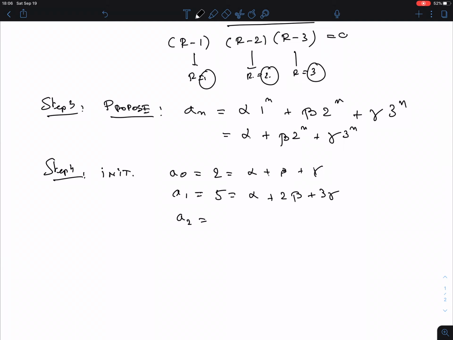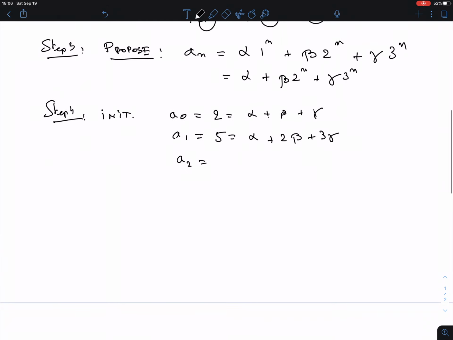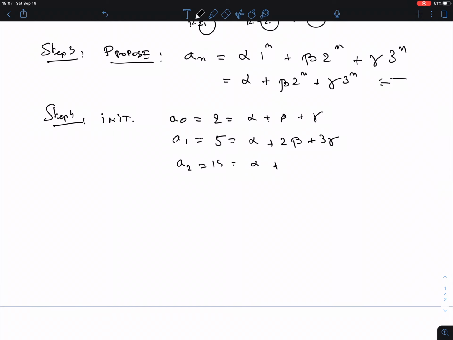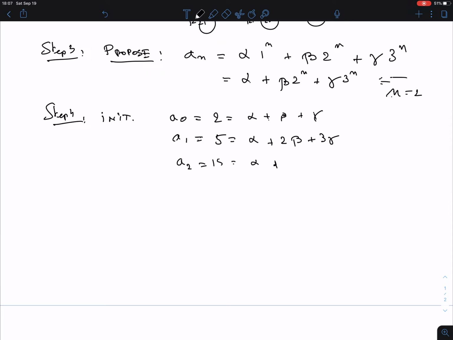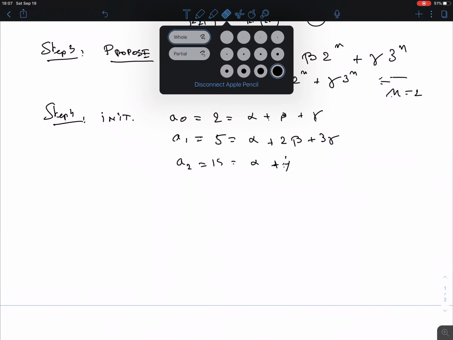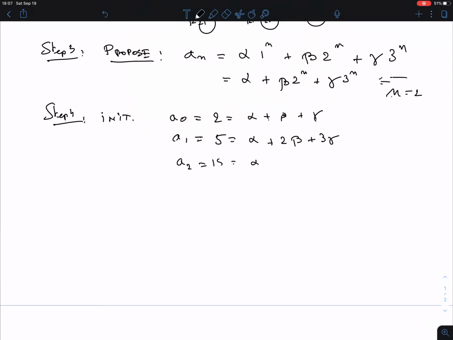And finally A2, that was 15. 15 is alpha plus, now the numbers get a little bit bigger here, n is 2, so we get 4 beta plus this squared, that is 9 gamma.